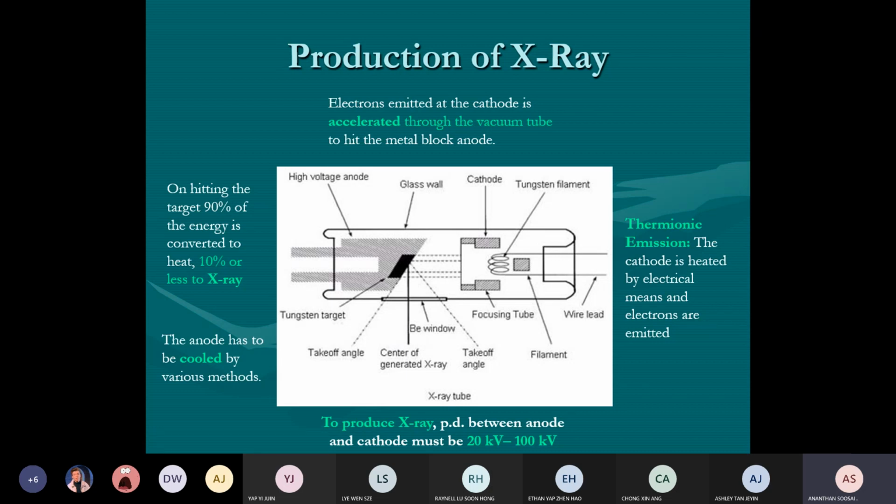So the keyword is high-speed electron bombarded to a metal surface, kinetic energy changes to X-ray and heat, of course. It is stated as 10%, but in reality, it looks like only about 1% changes to X-ray.